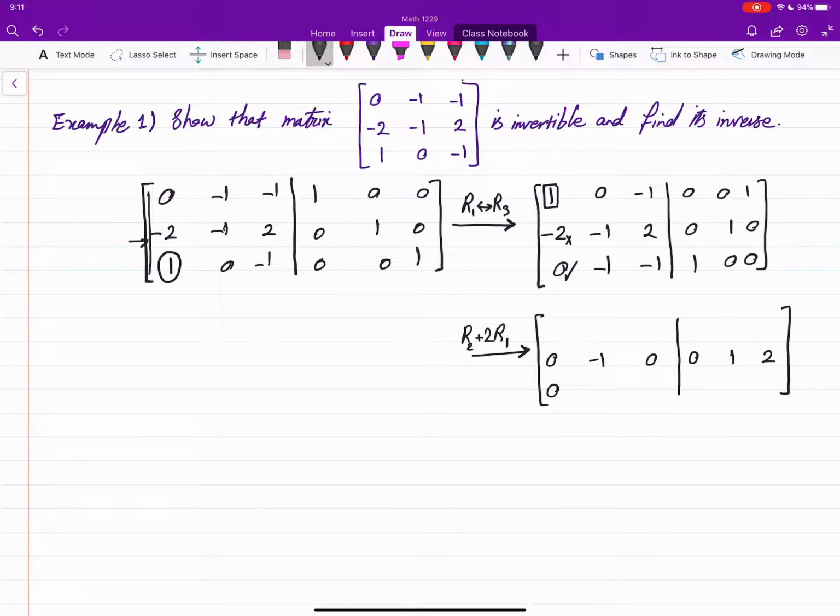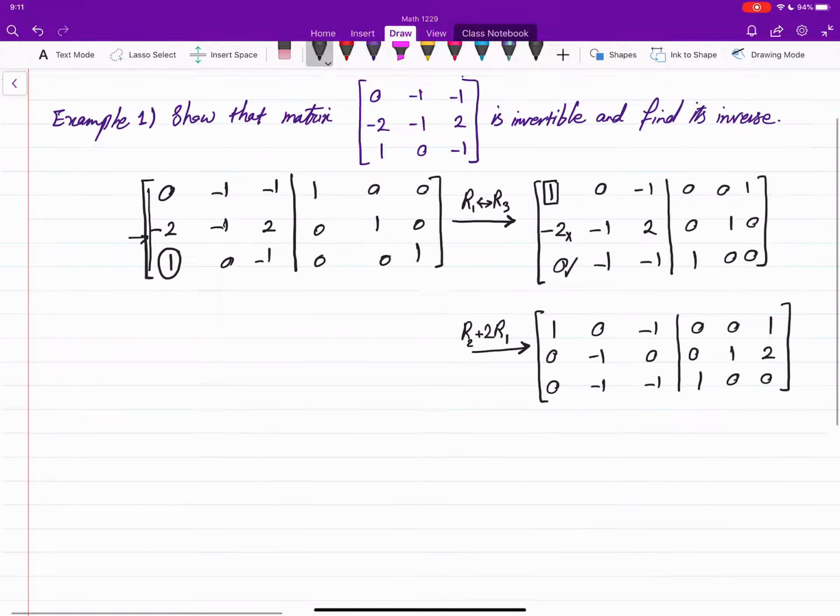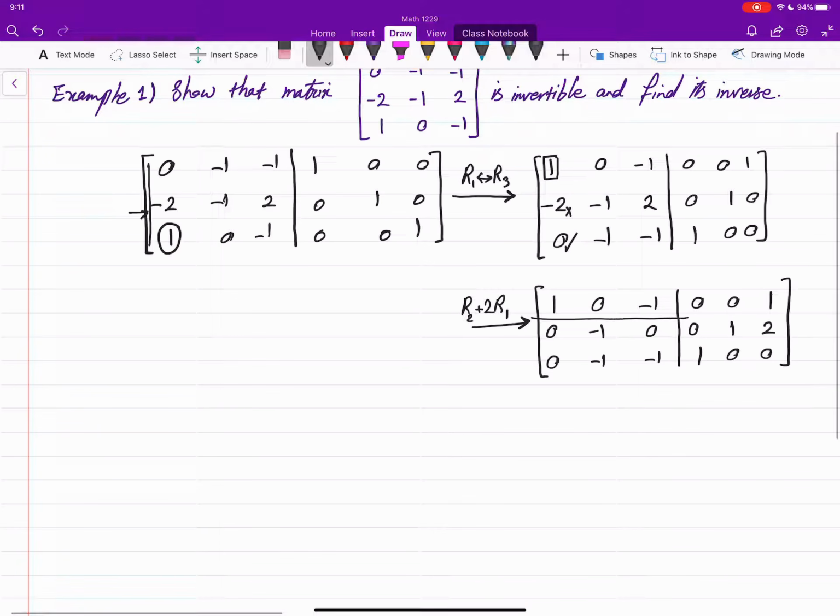Row 3 we don't change. Row 1 is as before. And we are done with the first row: the first leading one is in place, and the column of the leading one is 0. Now we go to the next row and see a non-zero entry. I choose this one to be my next leading one. It is in the right place.